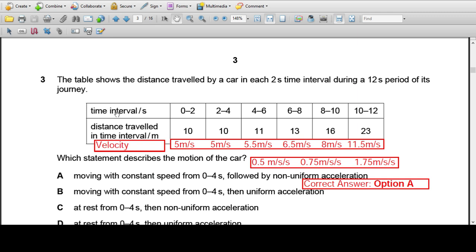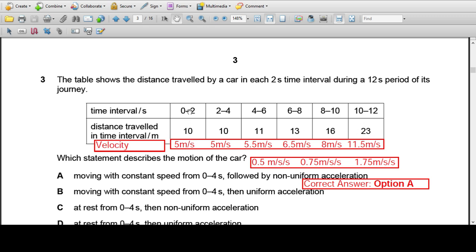So for the time interval from 0 to 2, the distance traveled is 10 meters, and from 2 to 4 the distance traveled is again 10 meters, and from 4 to 6 the distance traveled is 11, and 6 to 8 the distance traveled is 13 meters, 8 to 10 is 16 meters, and 10 to 12 is 23 meters.